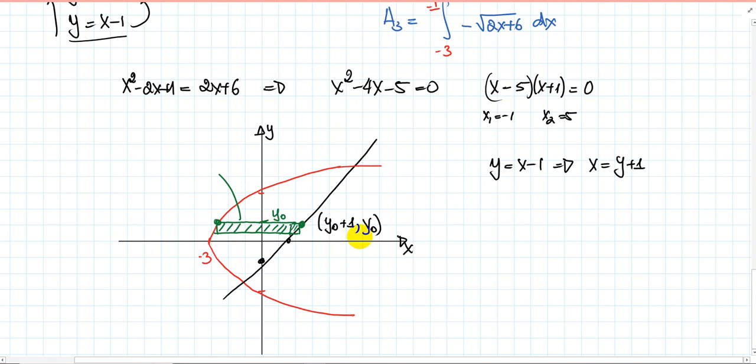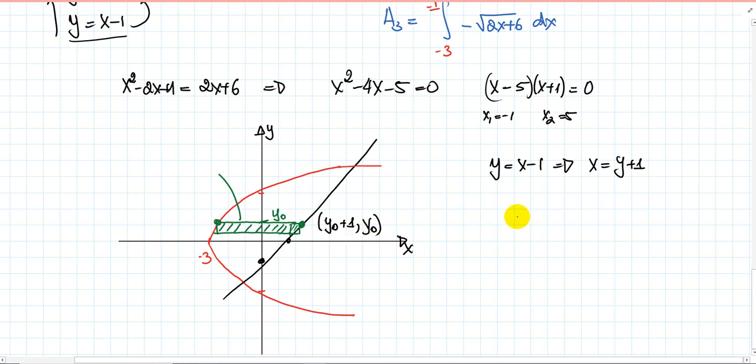Do you understand this? For both of these points, the y coordinate is the same, right? The height from the x axis is the same for both. The only difference is in the x coordinate. So in order to find the x coordinate, you need to find the x from this equation and just substitute the y into it. It tells you the x coordinate of this point. What is the coordinate of the second point?